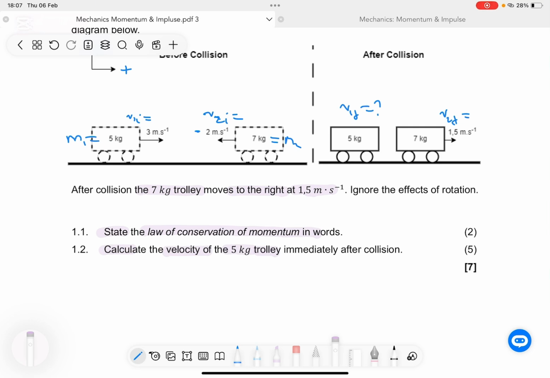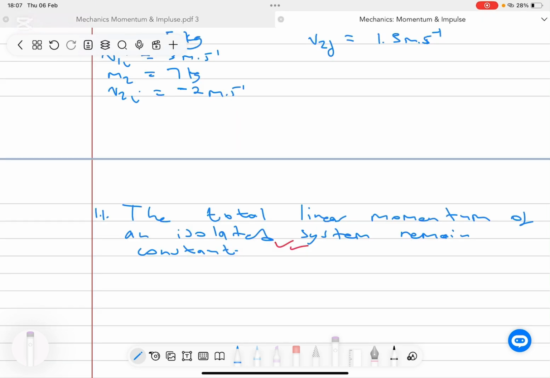Now to do that, we can see that this is an isolated system, and that would mean that our total linear momentum is conserved.